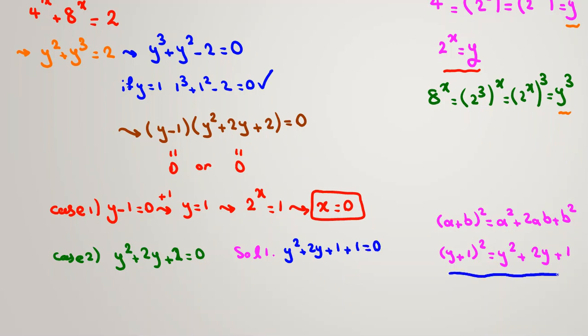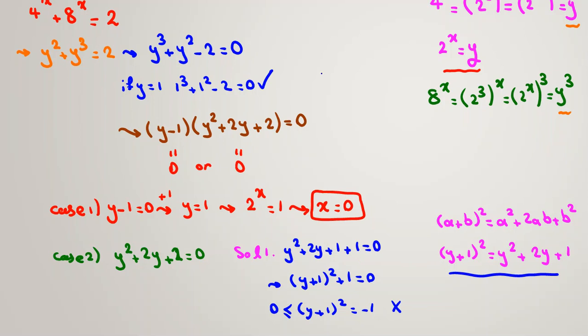Because of this, I can say it is (y plus 1) squared plus 1 equals 0. So I can say (y plus 1) squared equals negative 1 if you subtract 1 from both sides. But I know (y plus 1) squared is a square, so at least 0, but it cannot be equal to negative 1. So contradiction. It was solution number 1, and we've used this identity.